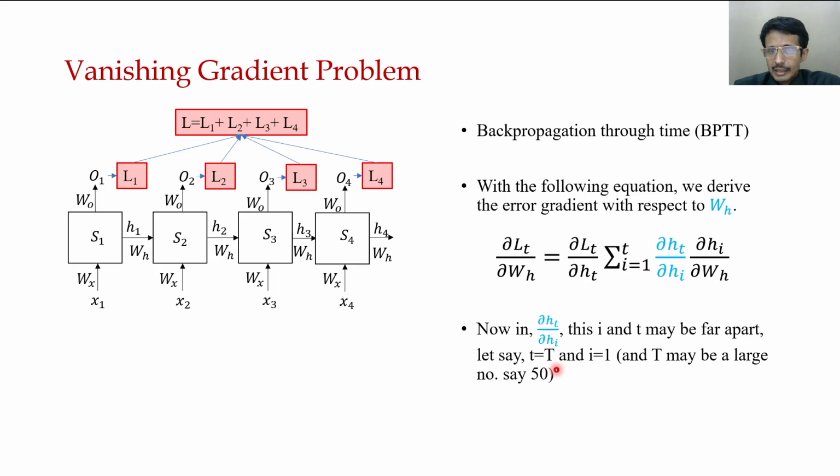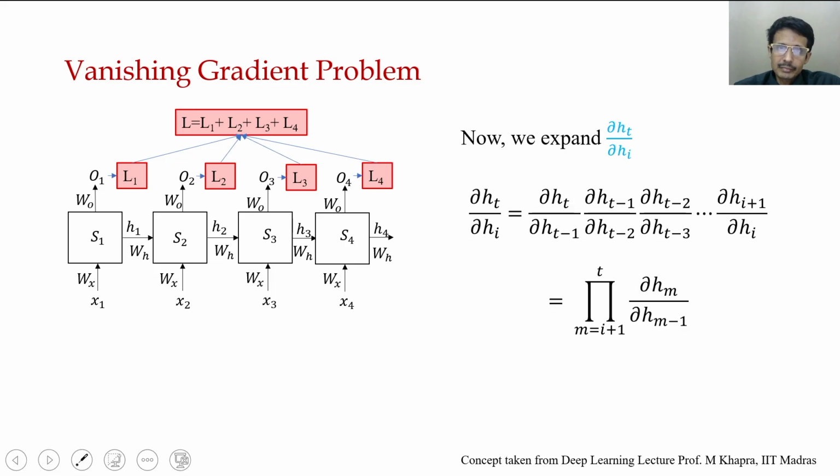Let's say for example it is t and it is i, and this capital T is 50, or more than 50, 100, 200, 400, whatever. It's a very big number. If such a situation happens, then what will be the problem? Let's try to understand that.